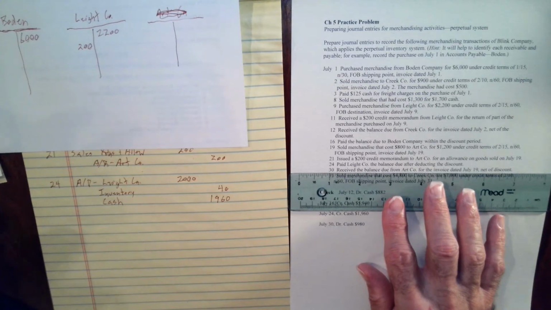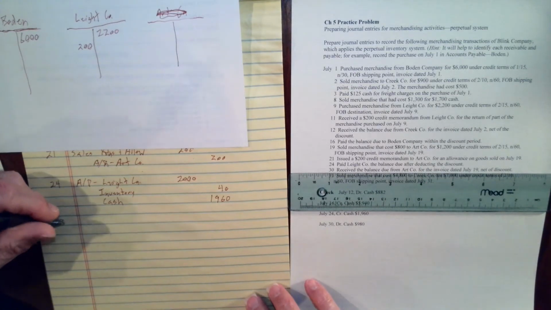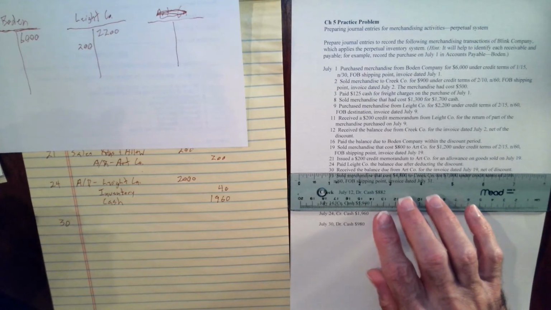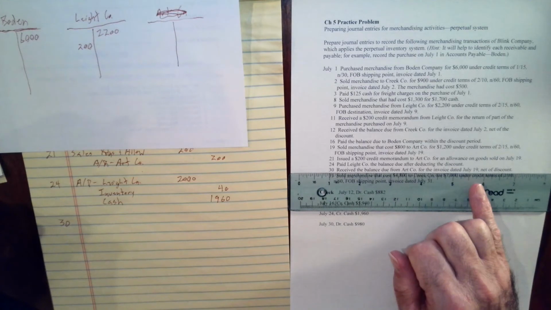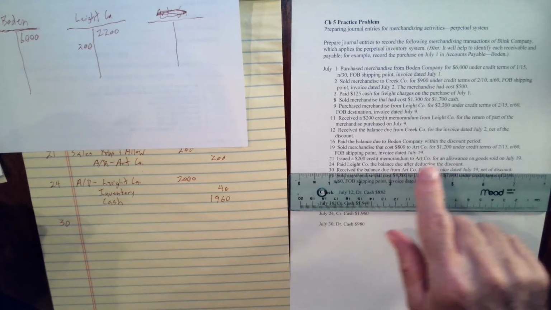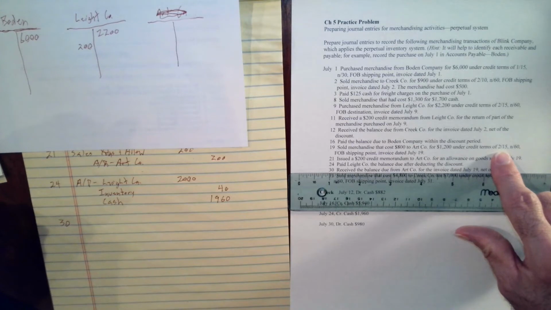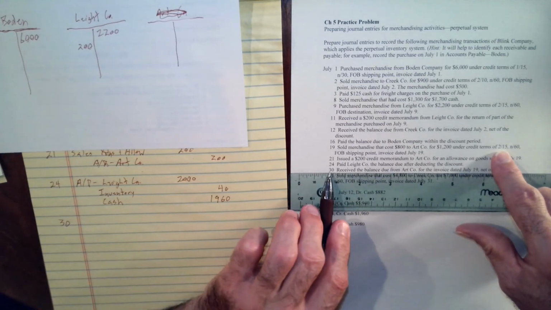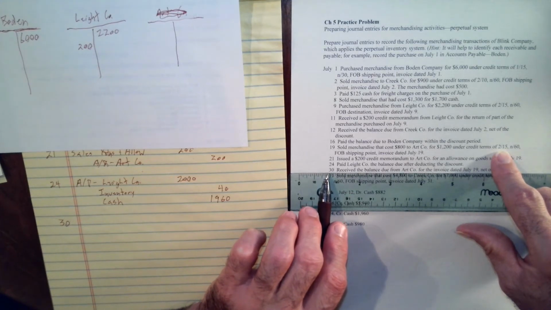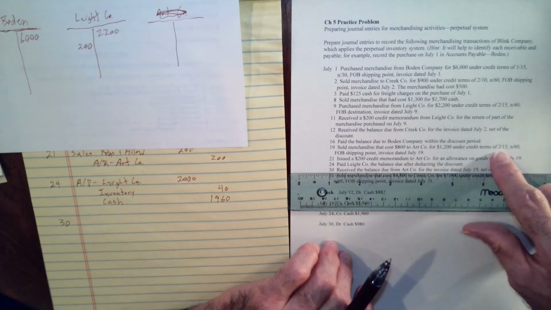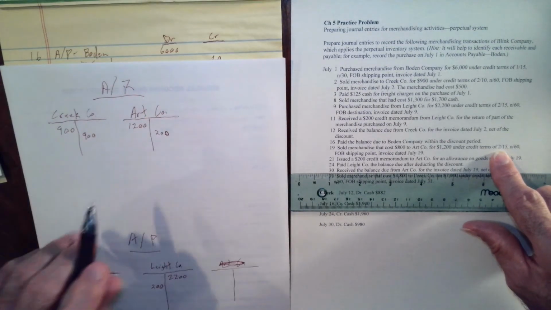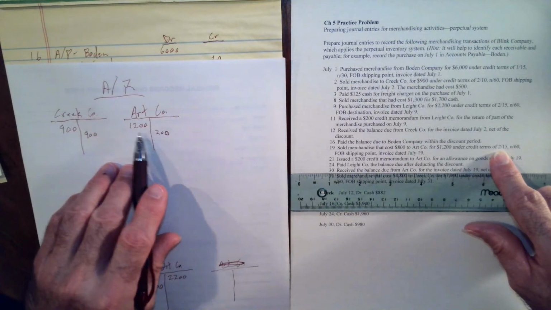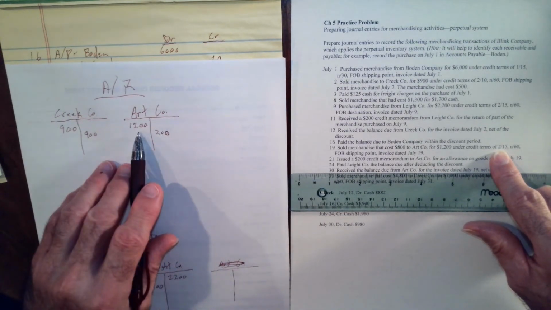On the 30th, we received the balance due from Art Company for the invoice dated July 19th. And so on the 19th we had a 2% within 15 days, so he made it within the 15-day period. And we'll receive 2%. So let's take a look at Art. Art had an outstanding balance of $1,000 with these two netted out against each other.